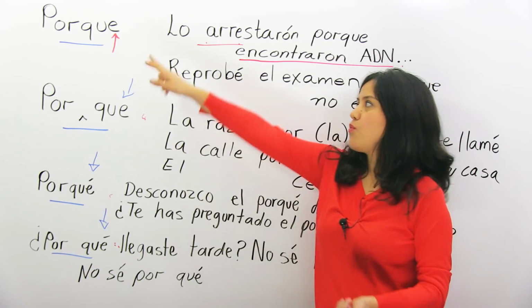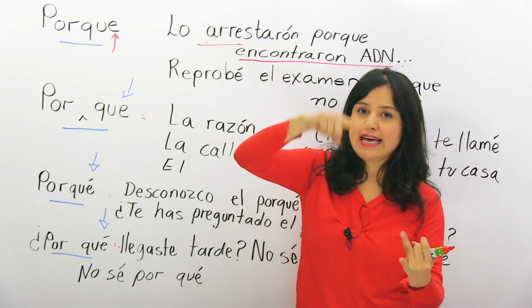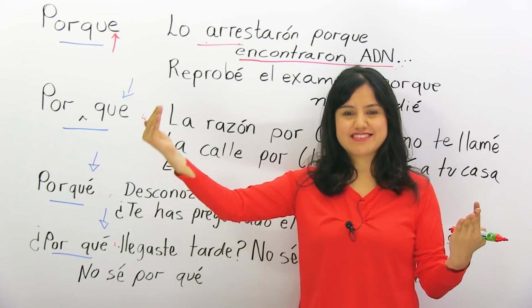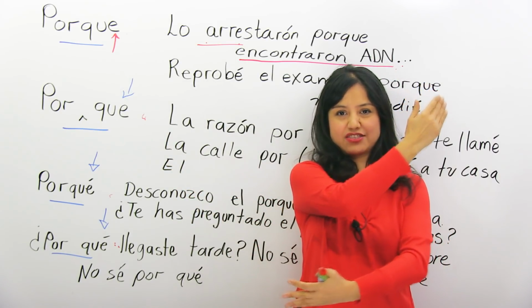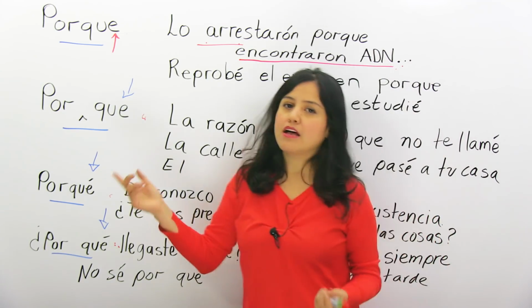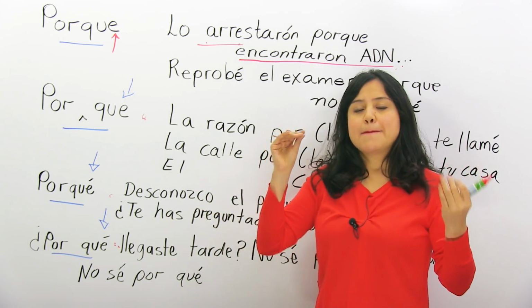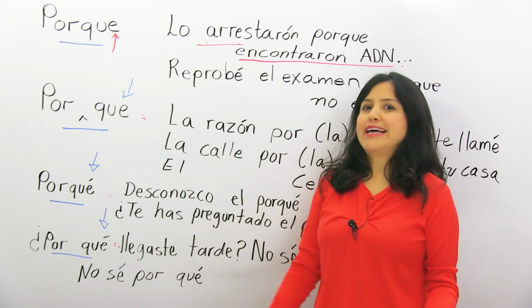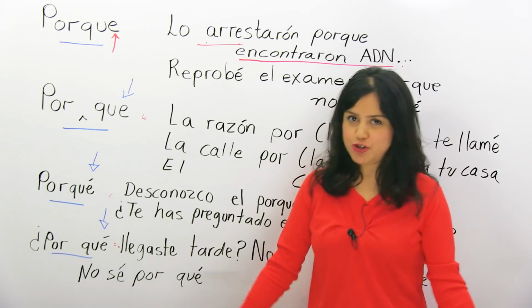So it's like you do something and there's an effect: cause, effect. Usually the cause is next. It's like effect, cause. That's what you're using porque for, right? Otherwise, for example, you say, me salió un barro, I got a pimple, me salió un barro porque comí mucho chocolate.